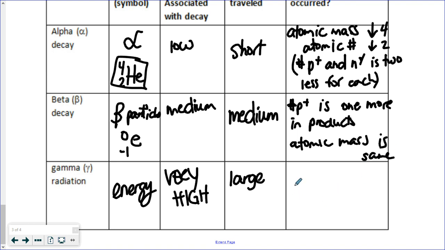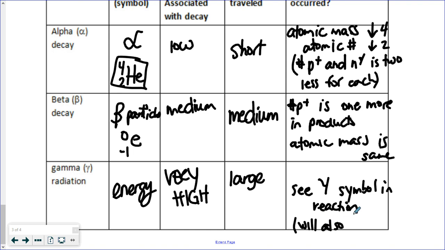You'll see the gamma symbol in the reaction. So we'll also have an alpha or beta particle. But the way that you'll know is you'll see that gamma symbol as well.